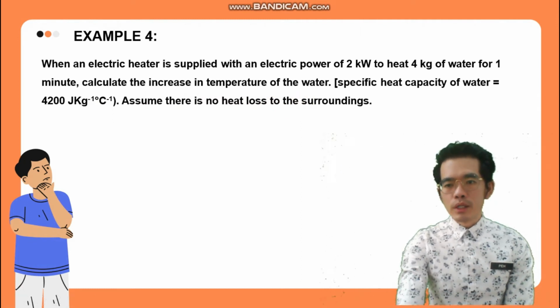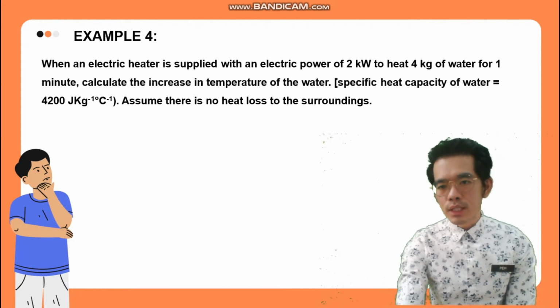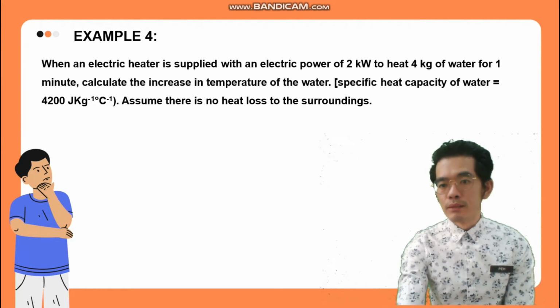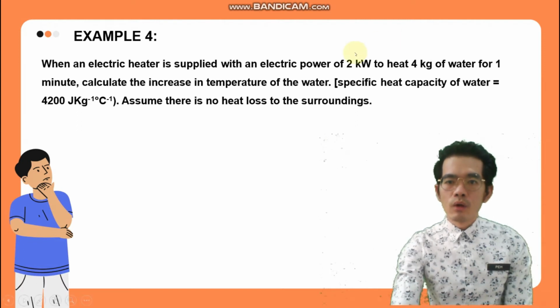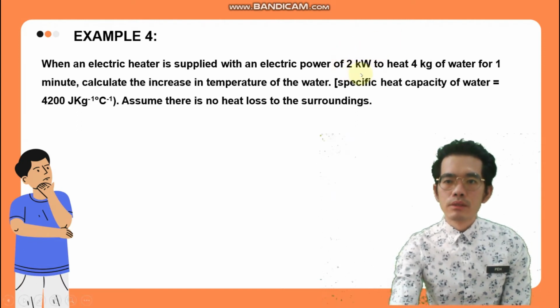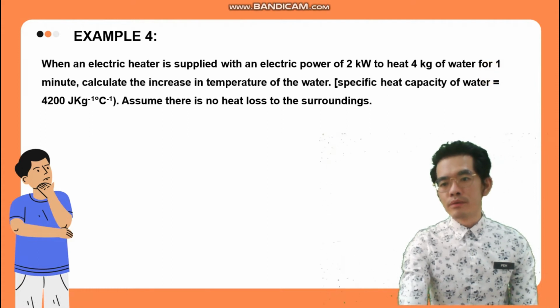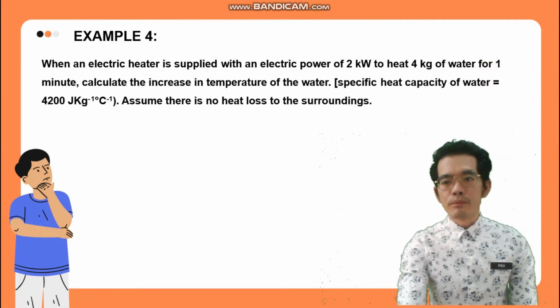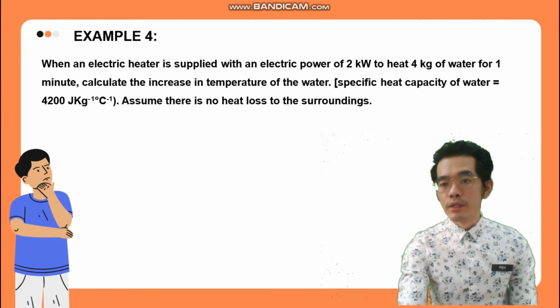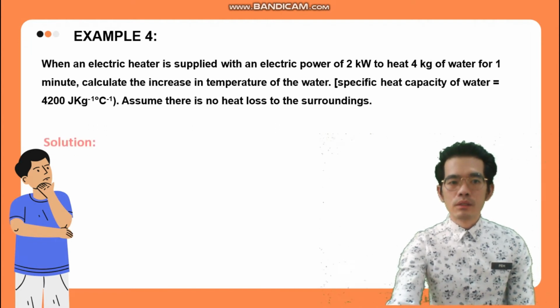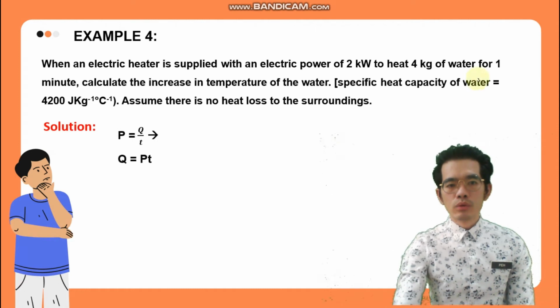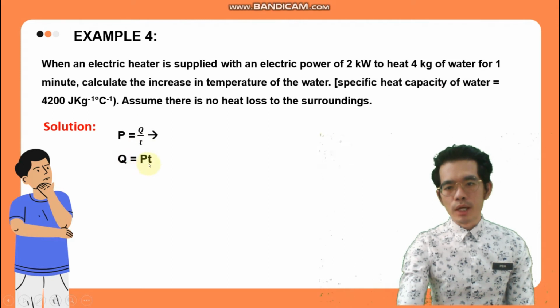From here we need to recall some of the knowledge we learned in PT3. How do we relate power and time with energy? From Form 3, we learned that power is defined as the rate of change of energy. So P will be equal to Q over t, and we rearrange the formula to get Q equal to P times t.